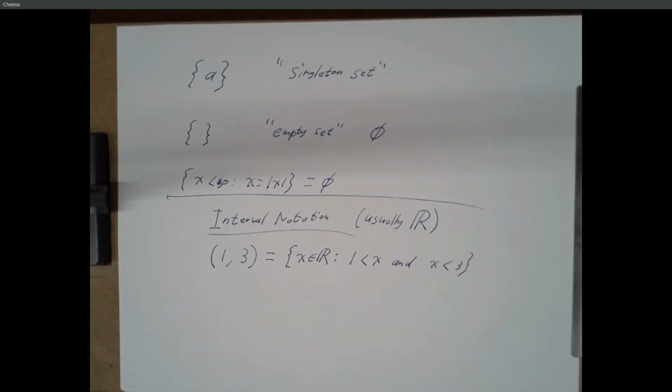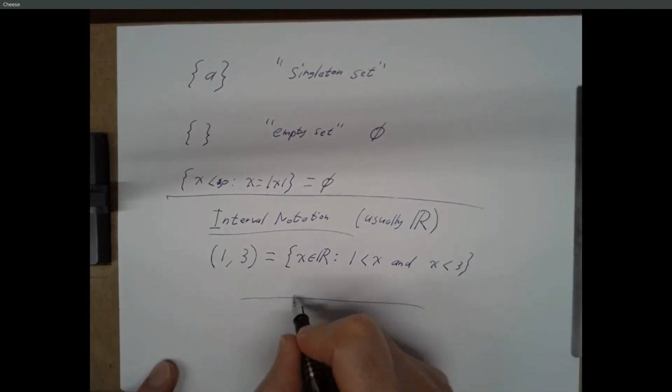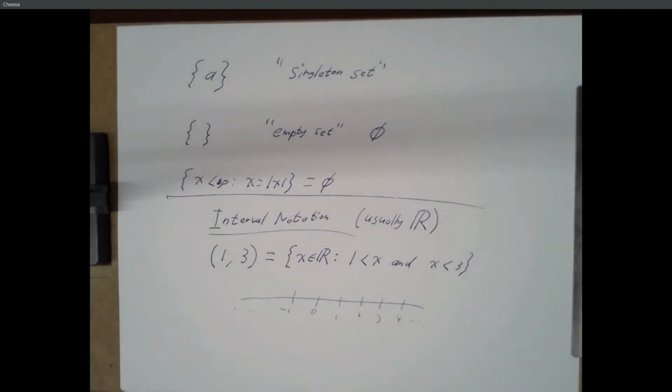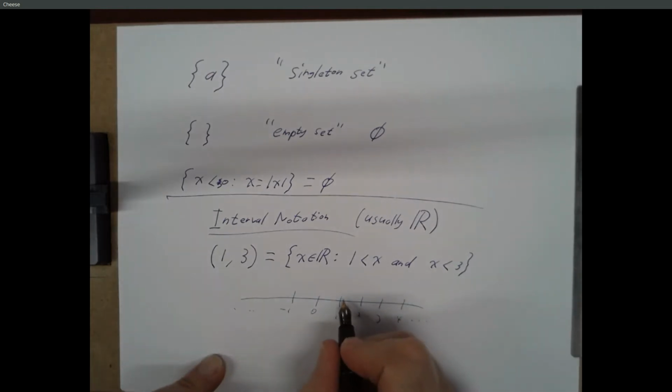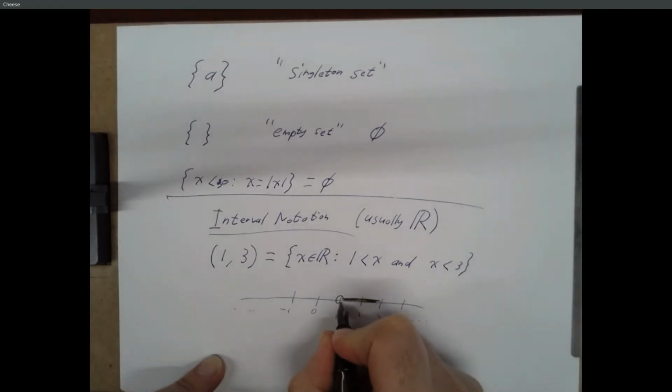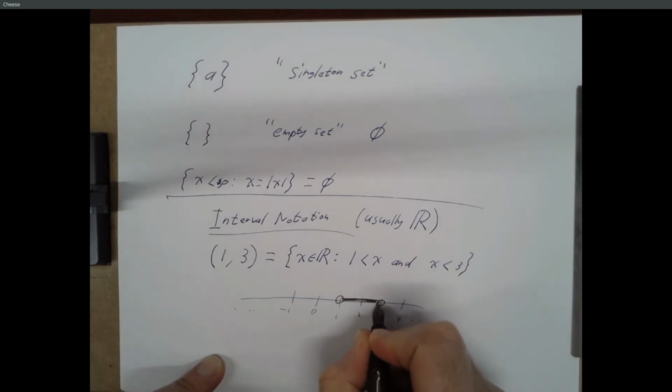So parentheses 1 comma 3 means the set of all real numbers between 1 and 3, but not including 1 and 3. So if we drew a number line, then this interval would be everything in here between 1 and 3, but not including 1 and 3, and we sometimes show that by drawing a little open circle around those endpoints.